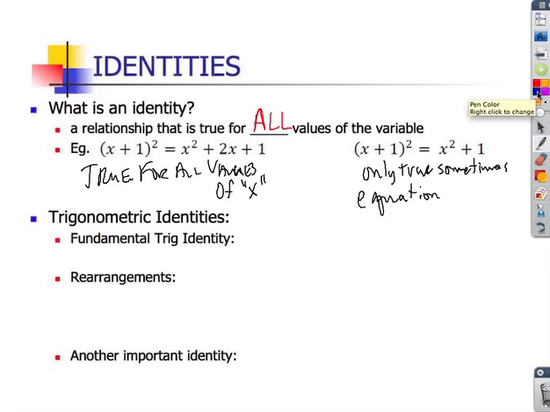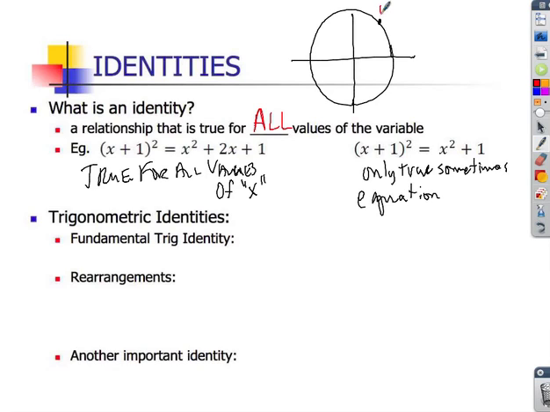All right, so here we're going to talk about some trig identities now. The first one is the fundamental trig identity. I'll explain where it comes from really quick. On the unit circle, any point on the circle, call it P, has coordinates x and y. The angle that's formed is the angle with the x-axis.